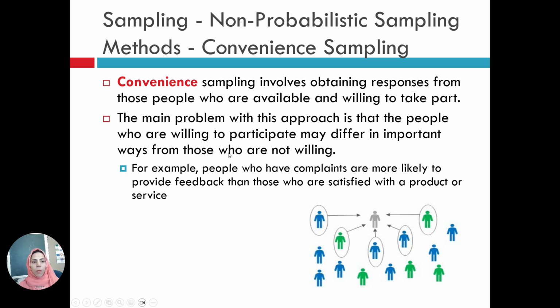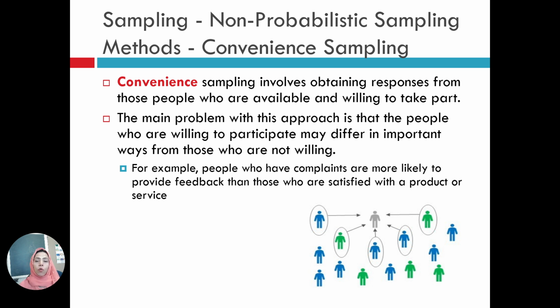The main problem with this approach is that people who are willing to participate may differ in important ways from those who are not willing. So see, this is a non-representative sample again. There are entities in my target population which have a zero chance of becoming a respondent in my questionnaire.